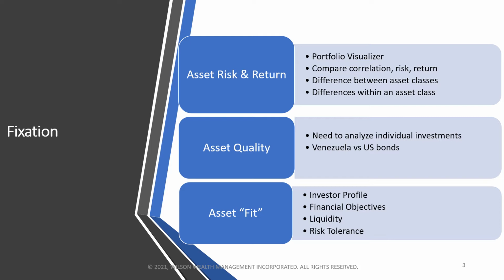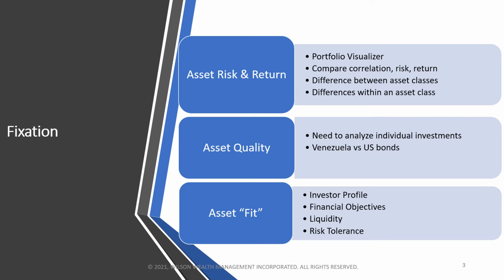A prime example might be private equity or venture capital. And that kind of hits all of those points I just listed. On an investment by investment basis, often venture capital might require a 10 to 15 year time horizon.